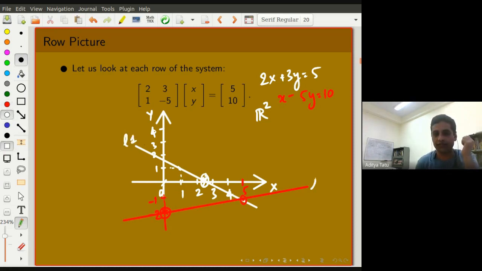That's line 2. What are we trying to find? We are trying to find values of x and y that satisfy both equations. For x and y to satisfy one equation means that the point x comma y belongs to line 1, and you also want the same point to belong to line 2. So geometrically, when you solve this, you are trying to find the point of intersection.